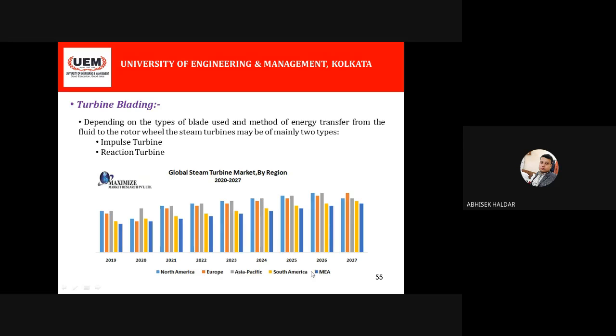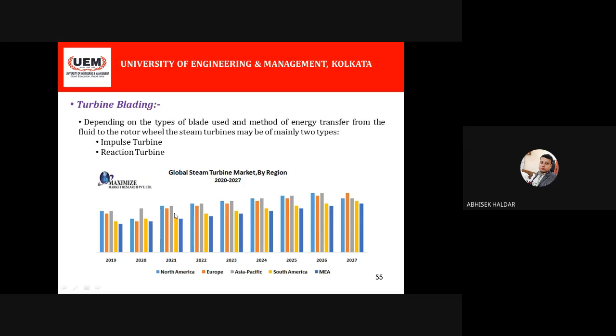So what it signifies, basically, what is the importance of showing you this? Nowadays you know that renewable energy is coming, but some people may think that renewable energy will completely replace the conventional coal fired steam power plants, or wherever I am using steam turbines.